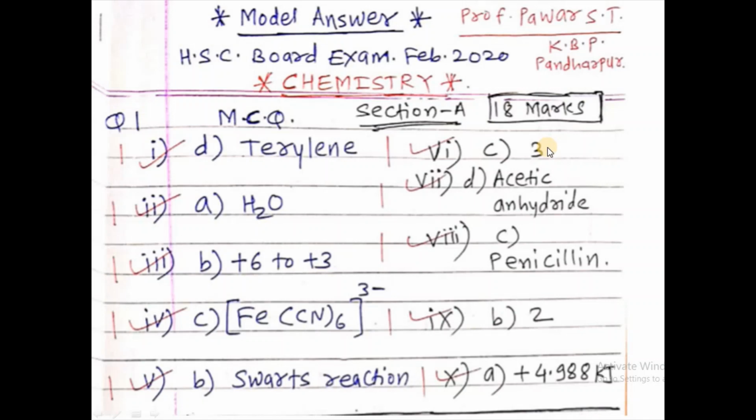W is equal to minus delta nRT. By using this formula, we can calculate the work done, and we will get the answer plus 4.988 kilojoule.